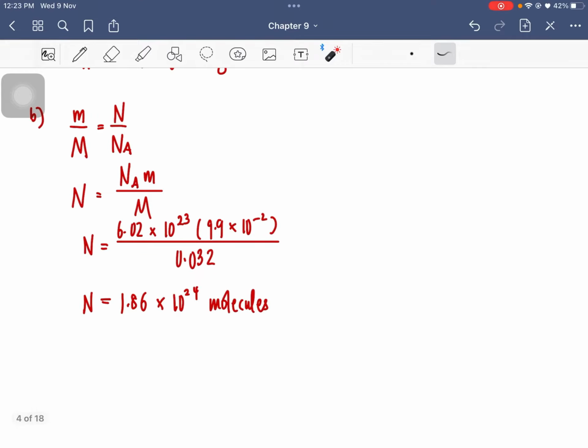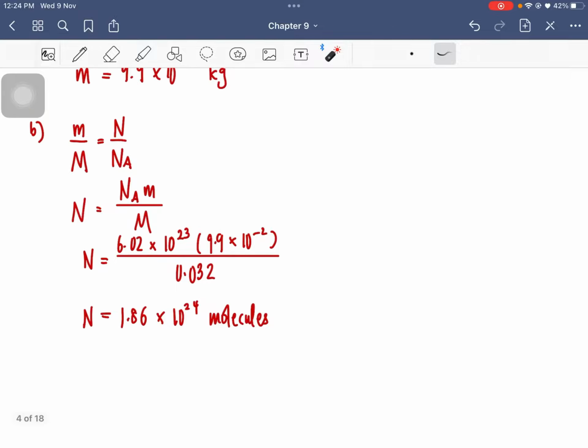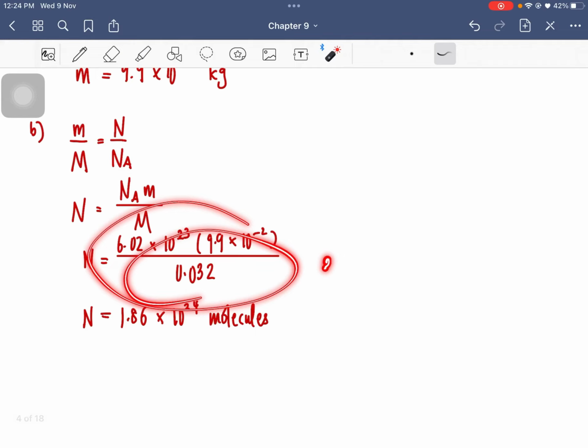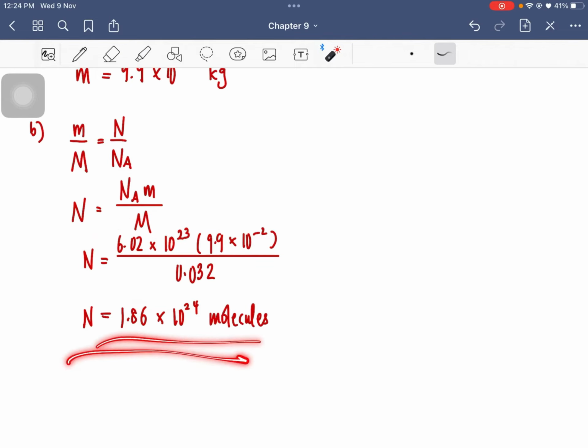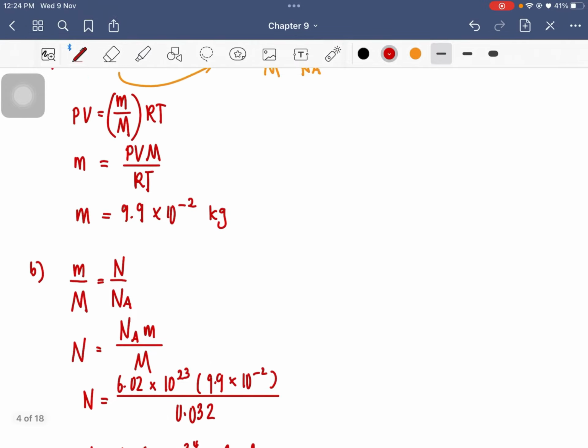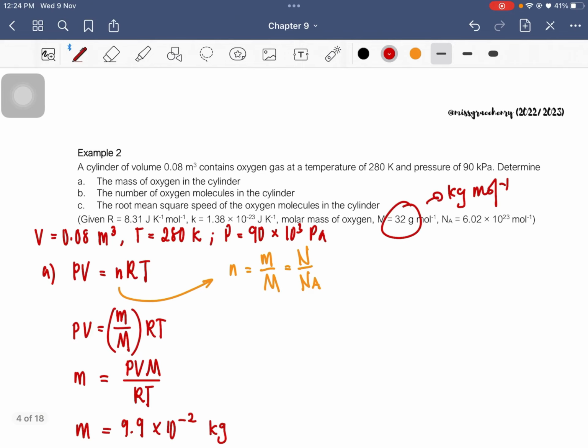Okay? Tapi basically in exam, just make sure you have 3 decimal points lah. So 4 significant figures, final answer tu mesti 3 significant figures lah. Tapi dalam your calculation yang substitution untuk baru je dapat the final answer, make sure to use 3 decimal points. Okay? Okay, next question.